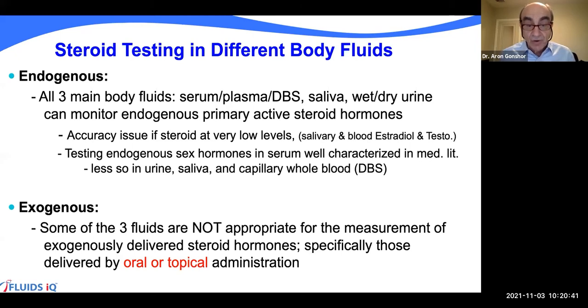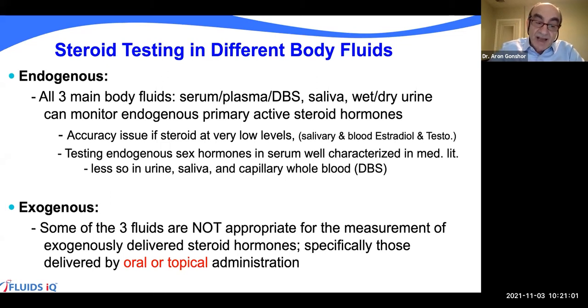So we do know that when, for example, you're testing endogenous sex hormones in the serum, it's very well characterized in the medical literature, and it is less so in urine or saliva, or for that matter, whole blood that comes in the capillaries. That's what dried blood spot is.